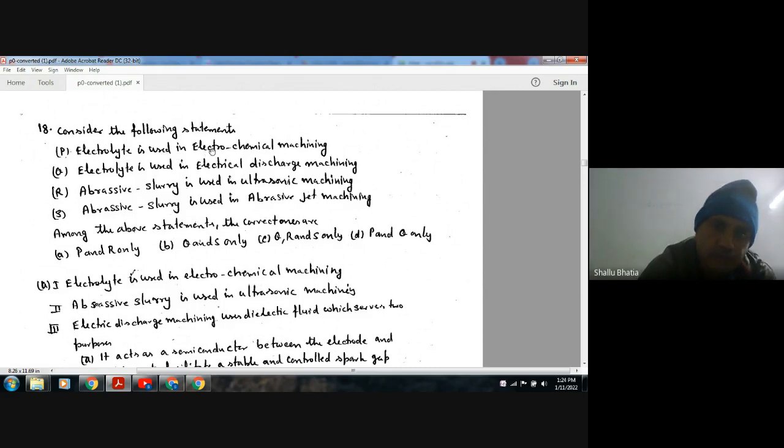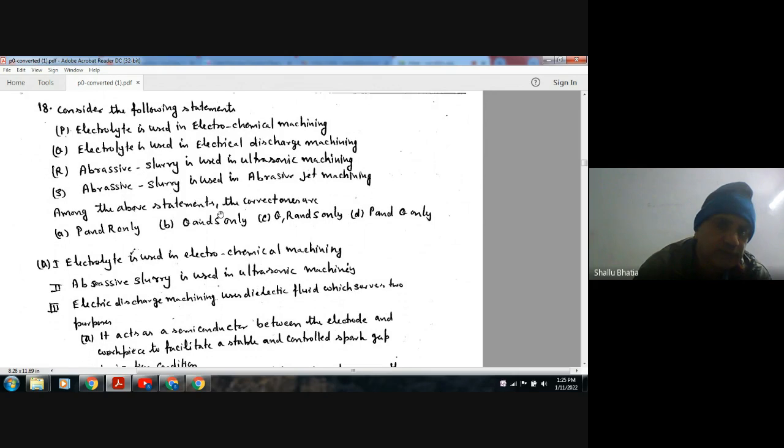The electrolyte we use in electrochemical machining, that is correct, but it is not used in electrodischarge machining. Abrasive slurry is the mixture of abrasive particles and water, and that is used in ultrasonic machining, whereas only abrasive particles are used in abrasive jet machining, no water is used.